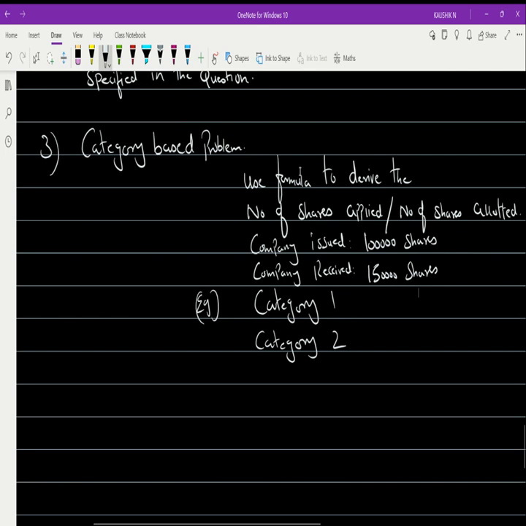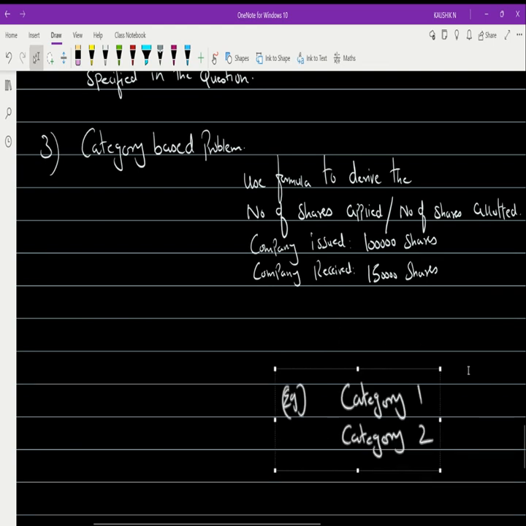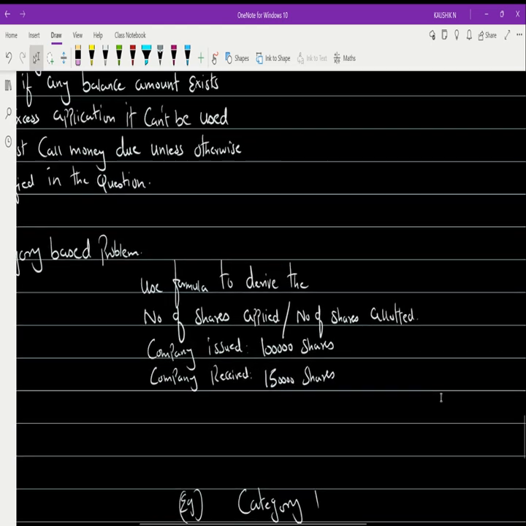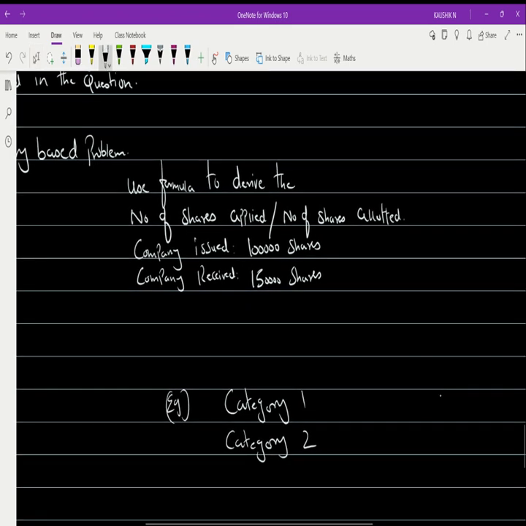Here I mentioned category 1 and category 2, with the headings applied and allotted.